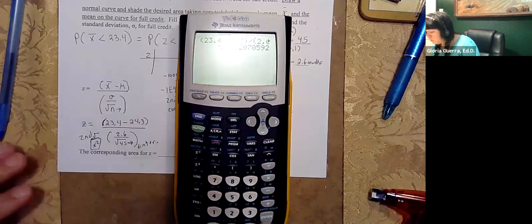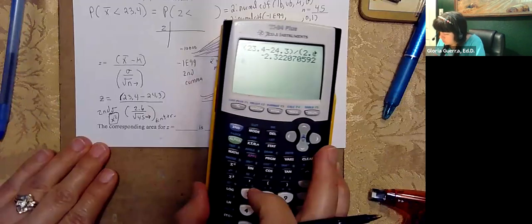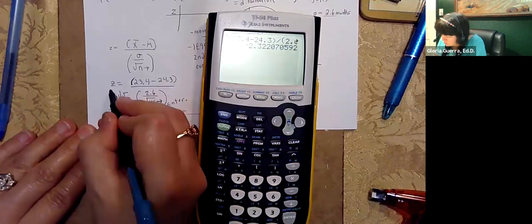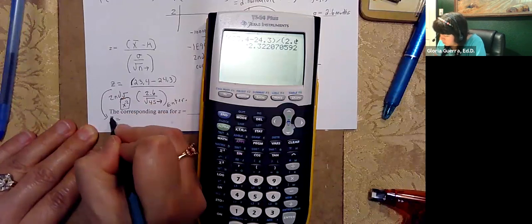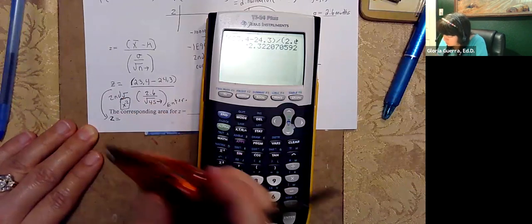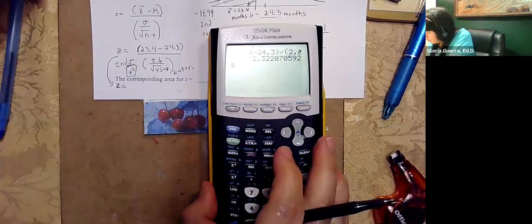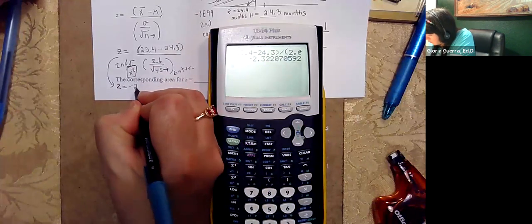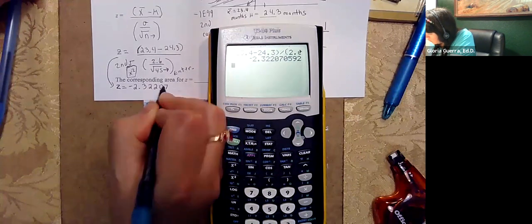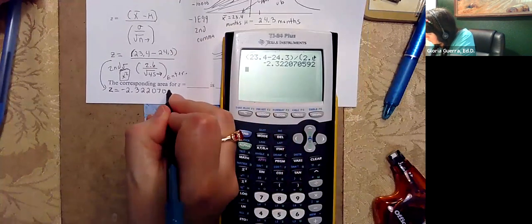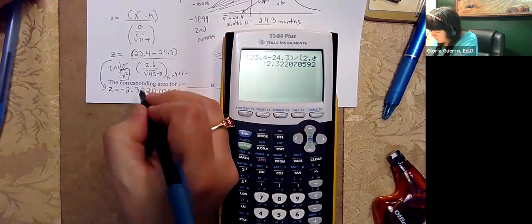Okay, so I have negative 2.322070592. And that's a z, so round to two decimal places, the hundredths.